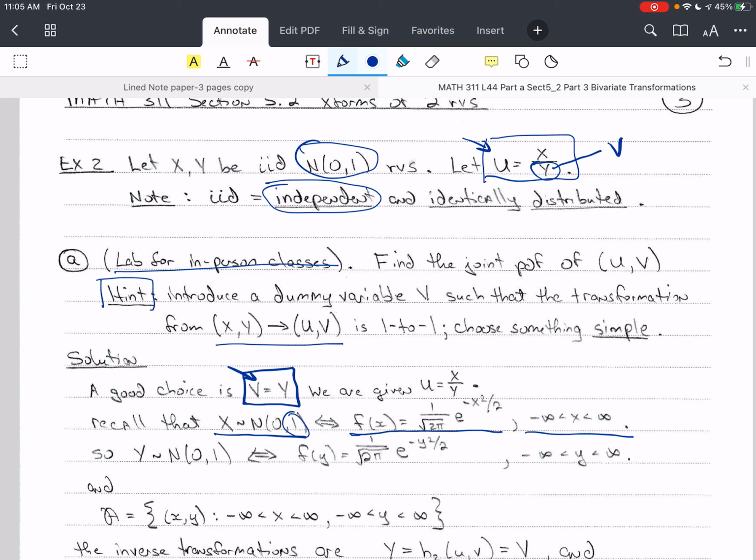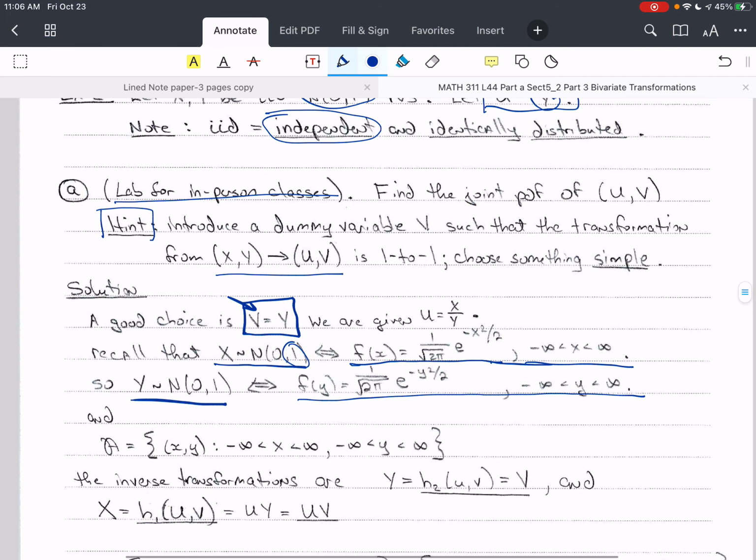Y, being identical, is also a standard normal distribution with mean 0 and variance 1. Everything is the same in this second PDF, except that we've switched x with y. That's what it means to be identically distributed: they have the same distribution. However, we usually use different letters to represent the different random variables so that we don't confuse them.